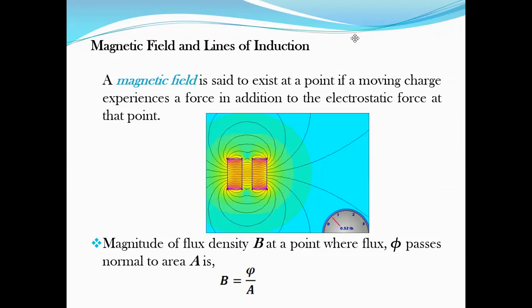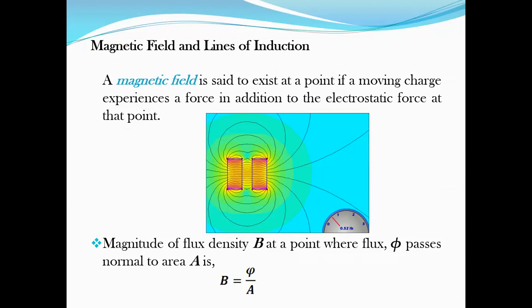The magnetic fields and line of induction. You know that if we have a magnetic field, we can call it field lines, as the flux, magnetic flux. So the flux, normally we will define as a flux density.